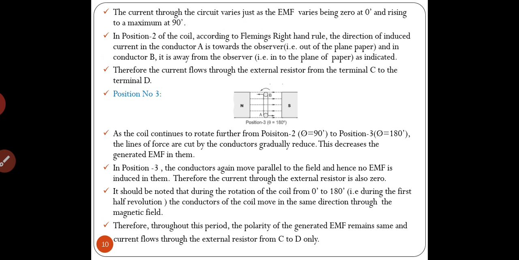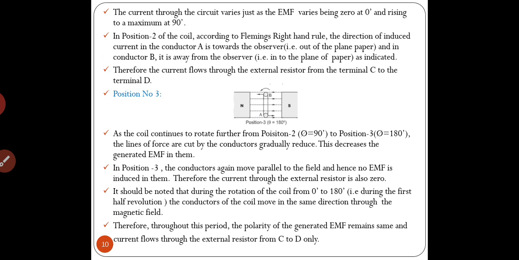So the current flows from A to B as the coil moves from 0 degree to 90 degrees. Therefore, the current flows to the external circuit from terminal C to terminal D.